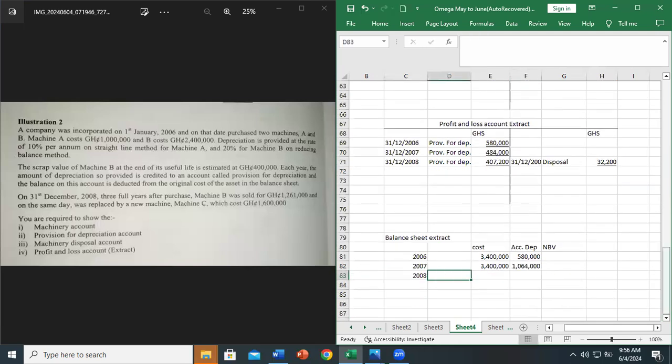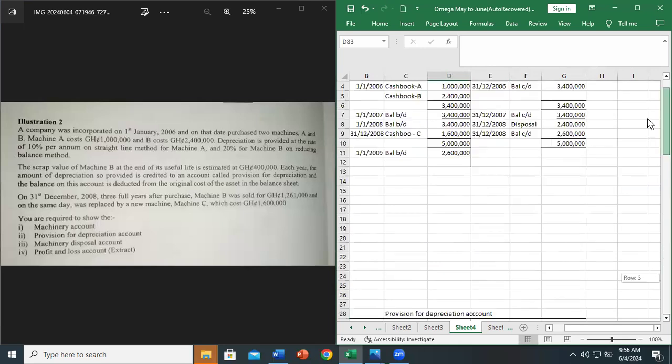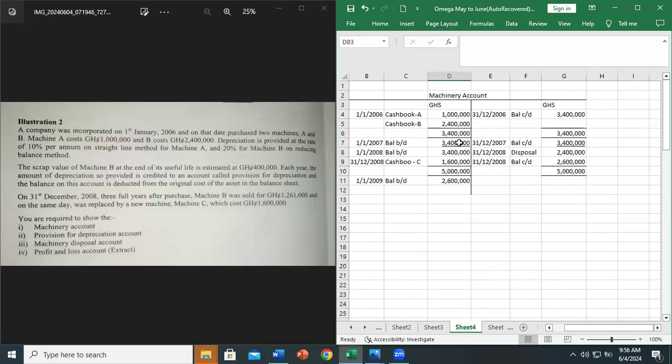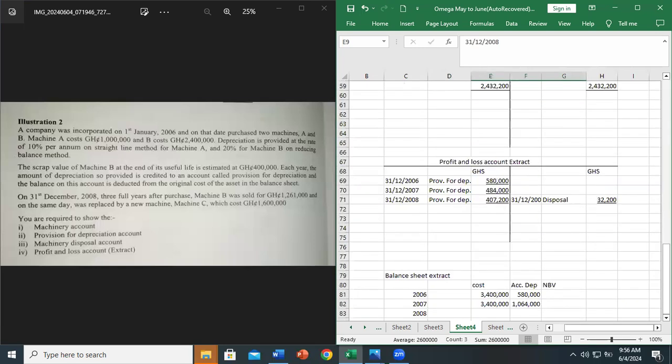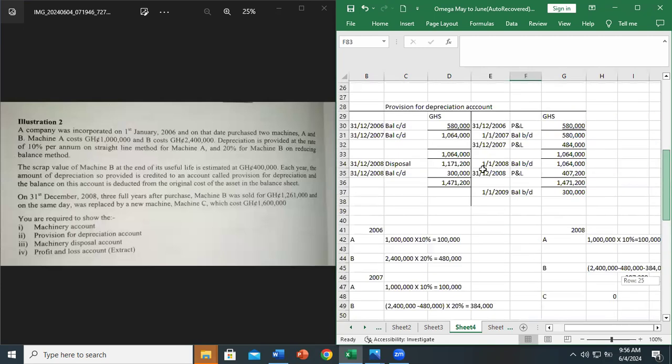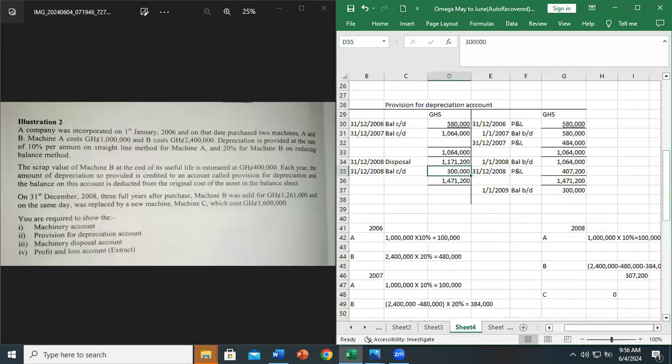So the last year, which is 2008, take the carry down from the asset account. 2008 balance carry down for the asset, 2,600,000. I'm going to pick the carry down in the depreciation account for 2008. That is 300,000.